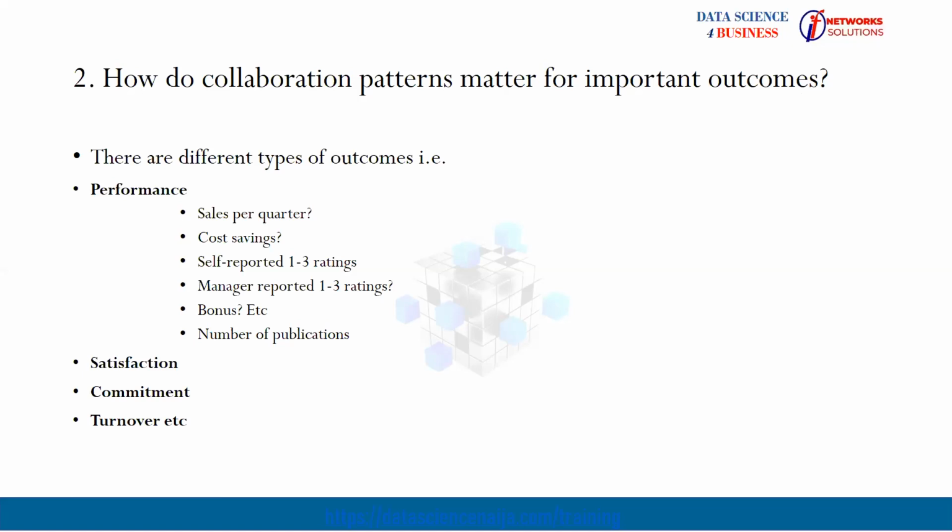For example, in an academic environment, you might want to measure performance based on number of publications and so on. That's a kind of outcome. Performance is not the only outcome that you might want to measure. You might also want to measure satisfaction, commitment, turnover, and so on. Those are the kinds of outcomes that you might want to measure.